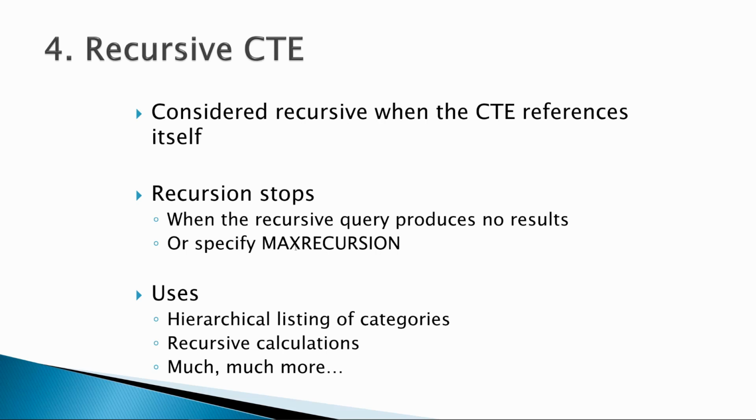They're great for recursive calculations, things like a Fibonacci sequence, which is really fun to do with a CTE. You can also do things like a tree view, like a family tree structure, and much, much more. But from my perspective, recursive CTEs are the most interesting part of common table expressions.